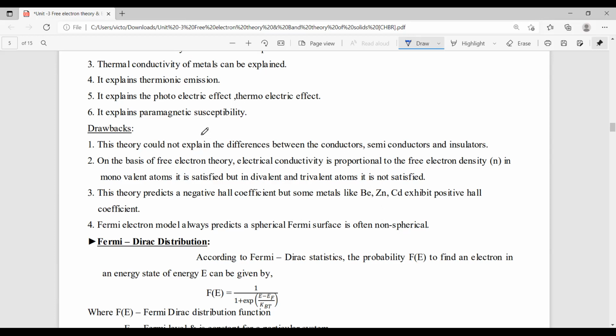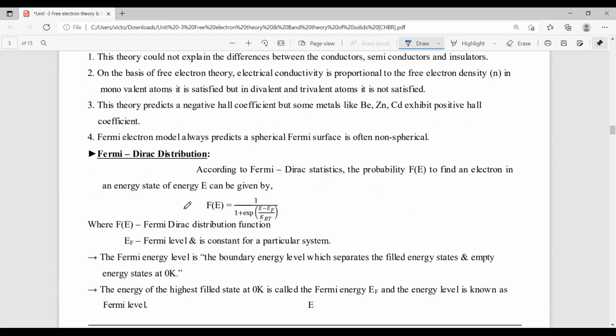After quantum free electron theory, next is band theory. That is discussed in the next chapter, band theory of solids. Before we discuss the band theory of solids, we need some idea about the Fermi-Dirac distribution function, density of states, and Fermi energy.